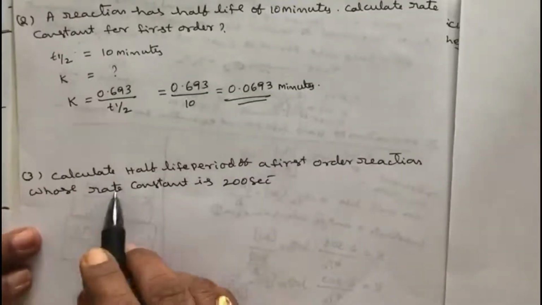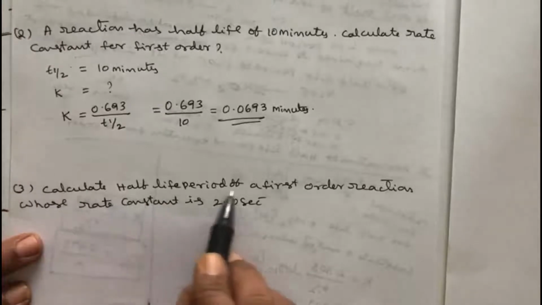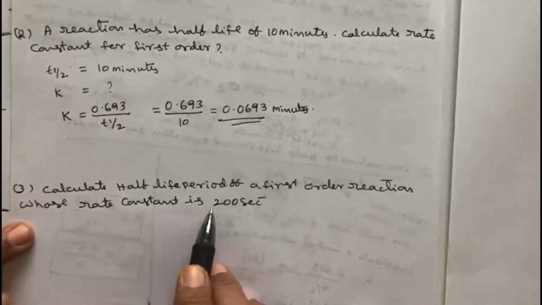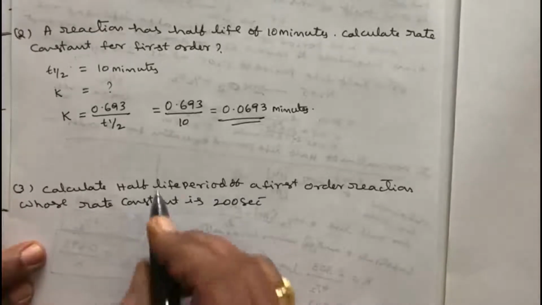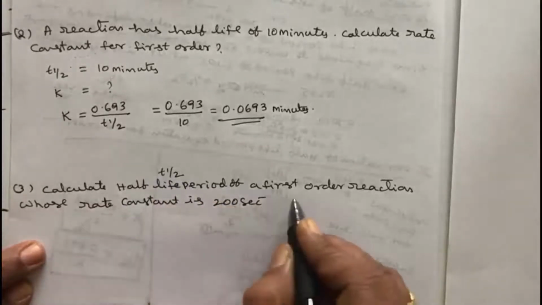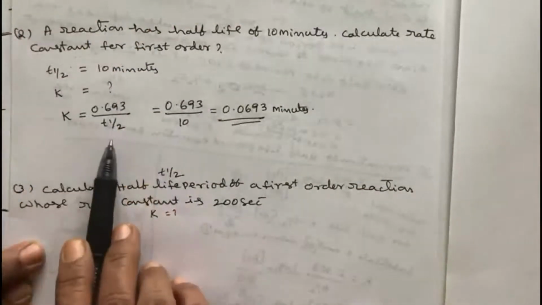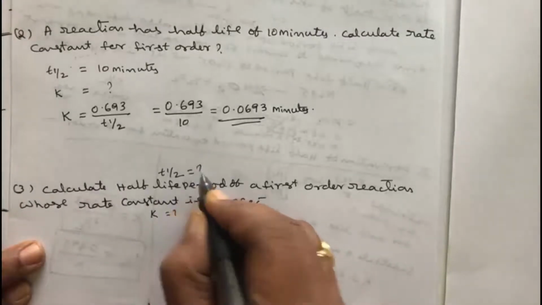Now I give one homework problem, that is calculate half-life period of first order reaction whose rate constant is 200 seconds inverse. In the previous problem, half-life period is given, so we can calculate rate constant for first order. In the same way, we can find out T half.